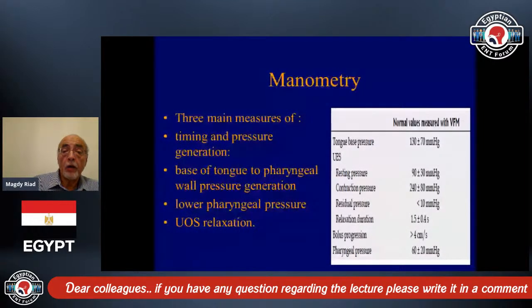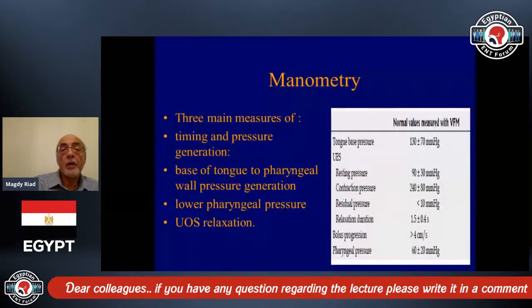But the pressure of the cricopharyngeus muscle, if it's in this area, then you know that there is a spasm of the muscle, that it has not relaxed. If it does relax, it would be closer to almost 1/3 this amount of pressure. So this is where manometry is useful.